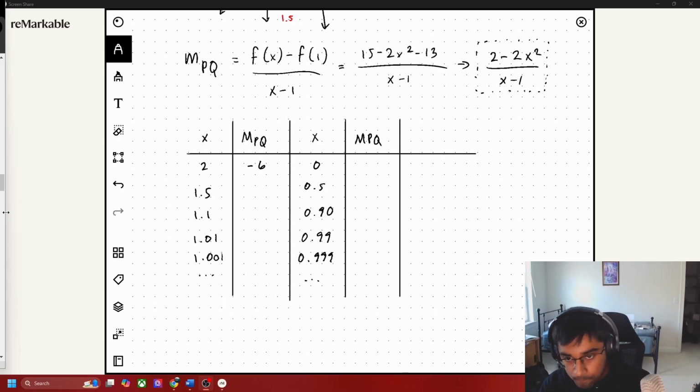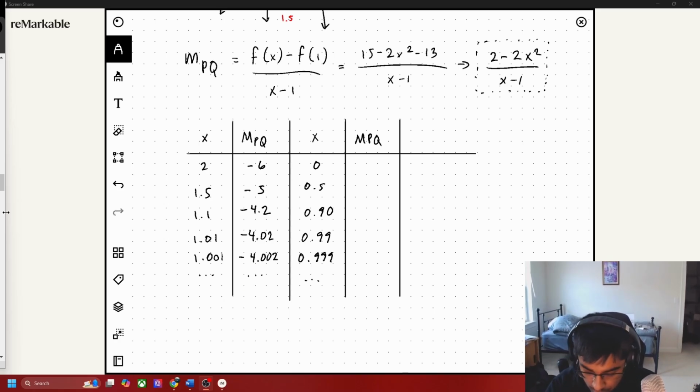But I'm just going to plug into my calculator over to the side. So this is 1.5, MPQ is -5. For 1.1, it's -4.2, then -4.02, -4.002, and so on and so forth.